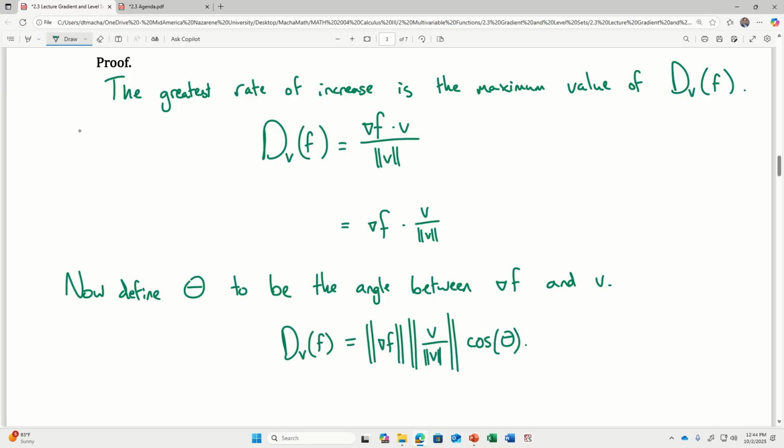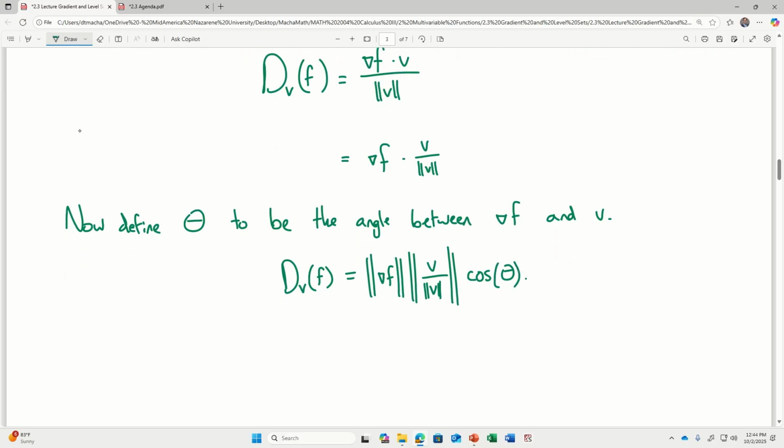Right? We learned that earlier in the semester in our first classes. So I've got the norm of the gradient times this. What is the norm of v divided by the norm of v? 1. Yeah. Times cosine theta.